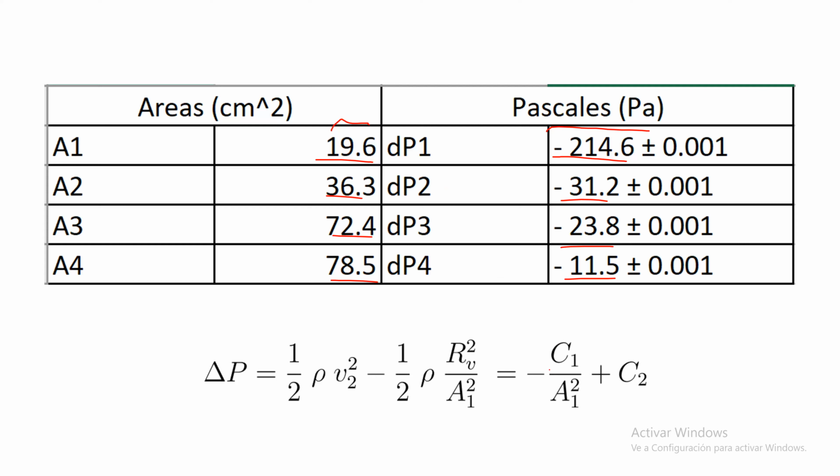We're also going to calculate both C1 and C2 using the relationship, but the important thing is that the graph follows a very close relationship to this one right here, where y will be the change of pressure, x will be the area, and so the relation will be roughly y equals constant, let's call it a, divided by x squared plus another constant, let's call it b.